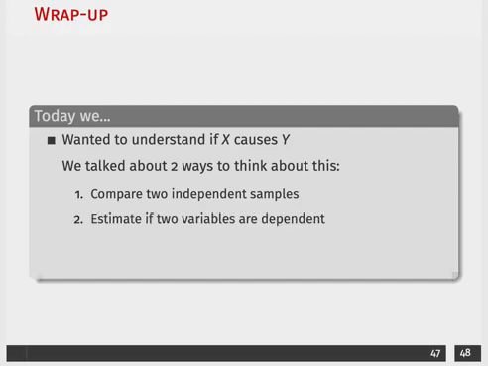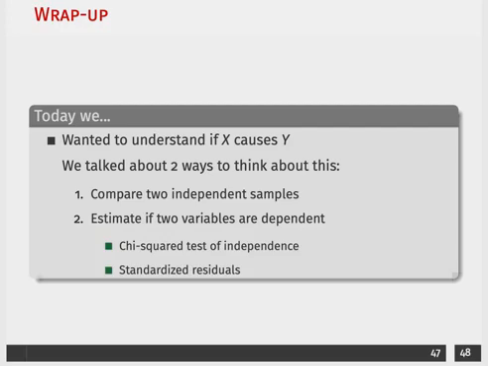Then we considered conditional distributions in which individuals may have some underlying preference for their politics that influences what party they prefer as well as their abortion policies. And in those cases, we want to estimate if these two variables are dependent with each other. And in order to do this, we used a chi-square test of independence.